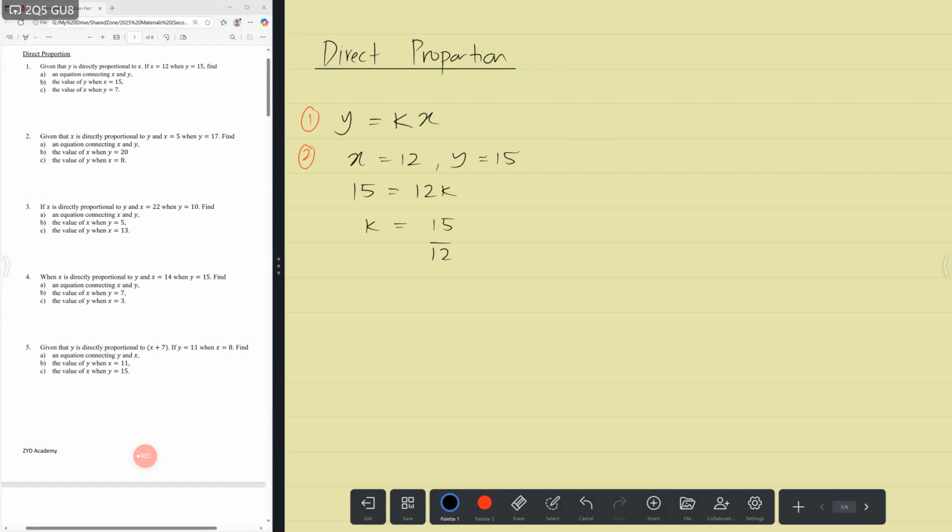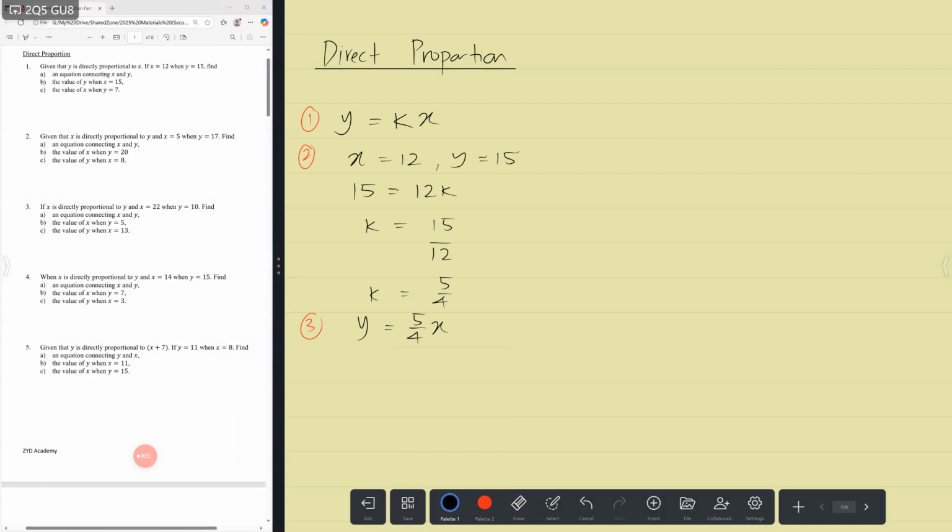You can reduce this to the lowest terms, so k equals 5 over 4. Divide by 3 and you get 5 over 4. Because of this, you will be able to get your equation for this question, which is y equals 5 over 4 x. This is your equation connecting x and y. So this is answering part A of the question.